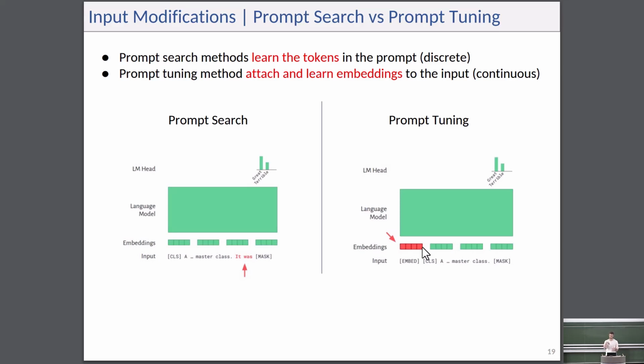So when we do fine-tuning, this vector is just going to do whatever it wants, and of course it's going to get optimized by gradient descent, and it's not going to trace back to any word that exists in natural language. That is the difference. So tuning is continuous. Search, you're still working on the discrete space. Search, you're finding words.